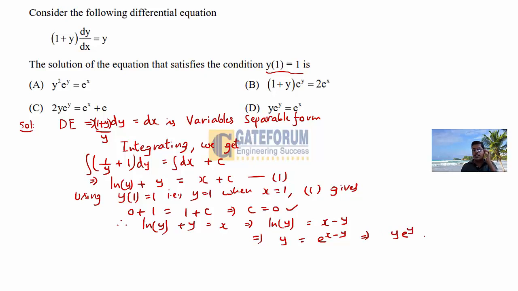So this is y into e power y, that right side e power minus 1 shifting to left side becomes y e power y is equal to e power x. Any option? So this is the required solution. Accordingly, the option is D. This is end of the question.